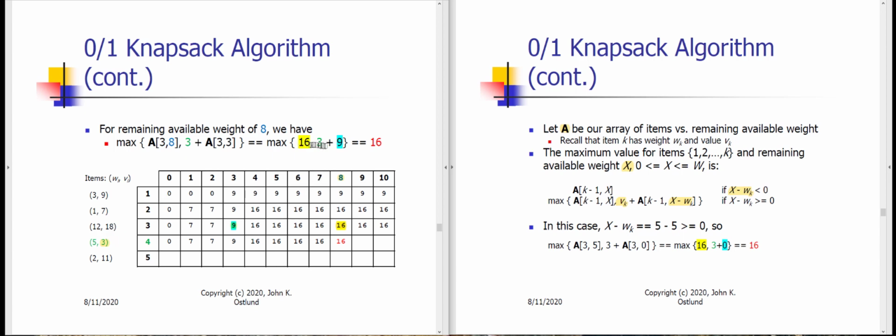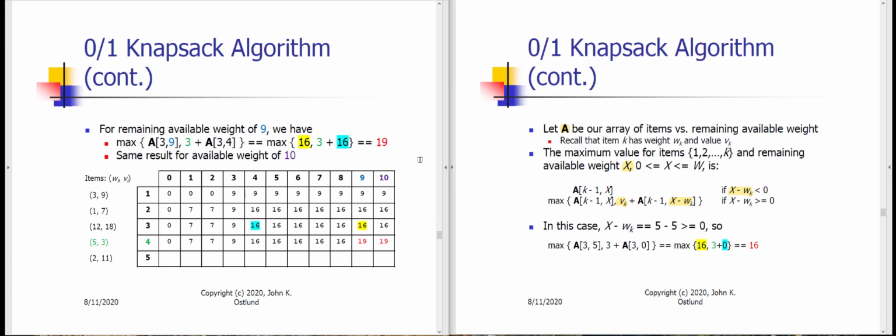The max of 16 and 12 is still 16. As we move further to the right with our columns and we get more and more available space, the benefit of using item 4 plus the contributions of items 1, 2, and 3 is increasing, but still hasn't caught up with the 16 that we can get by just using items 1, 2, and 3 by themselves.